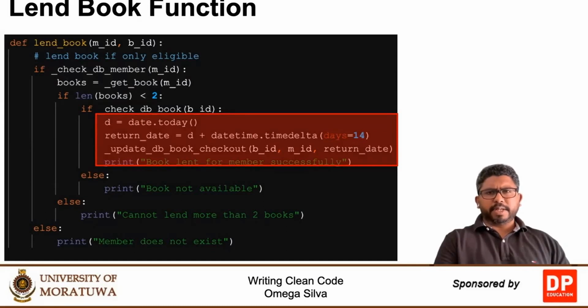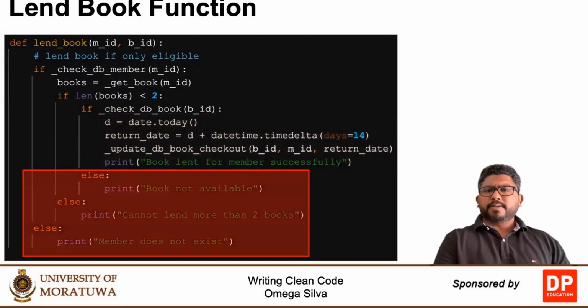And there is a function that's called update DB book checkout. But the word checkout indicates this is the last step of the book lending process where the checking out of the book actually happens. The else structures are self-explanatory because of the messages that they print. They are essentially providing a valid reason to the user for not proceeding with the book lending process.